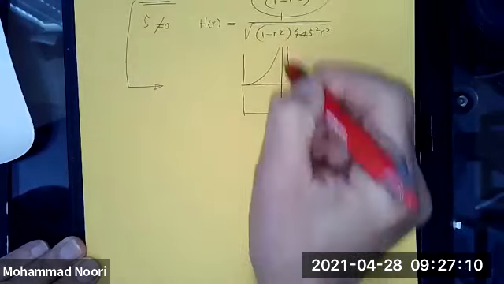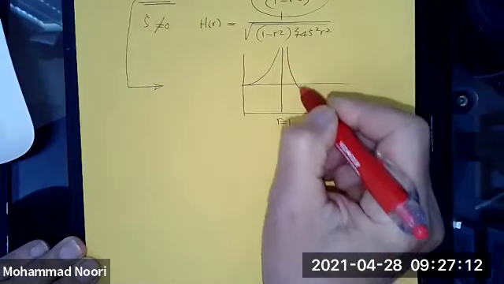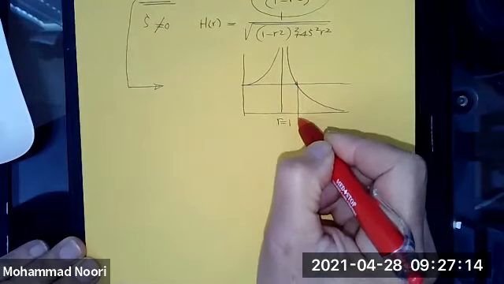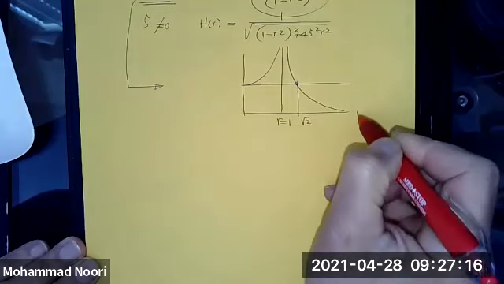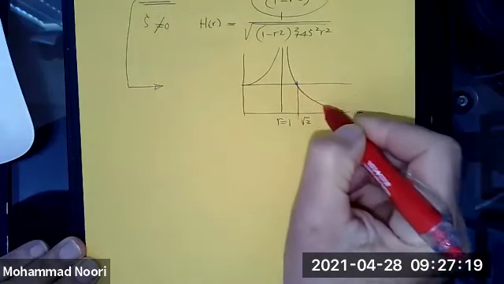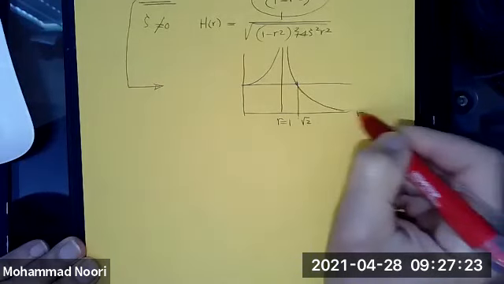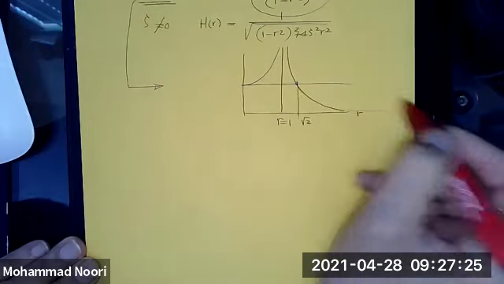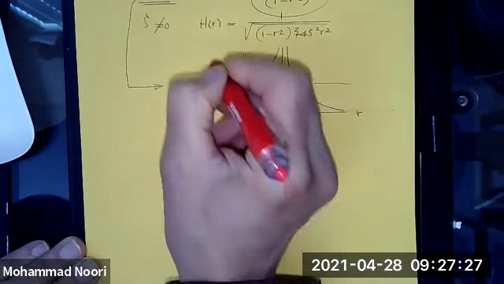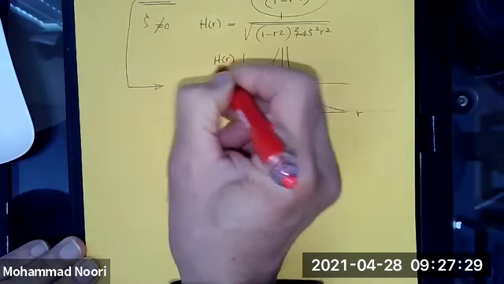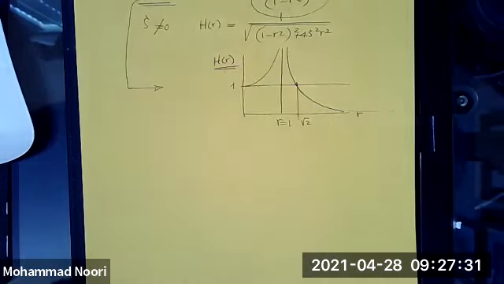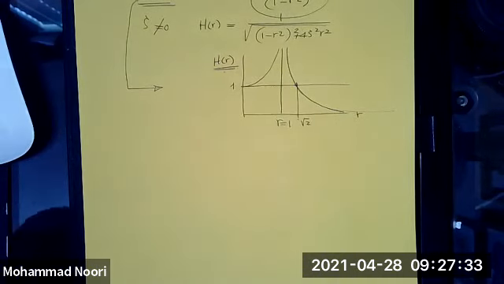This function goes to infinity at r equal to 1. At r equal to the square root of 2, it comes down and goes to 0 when the frequency ratio goes to infinity. So this was the frequency response function, or the magnification factor, for the case of undamped systems.